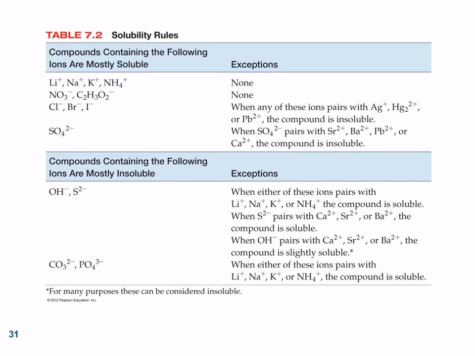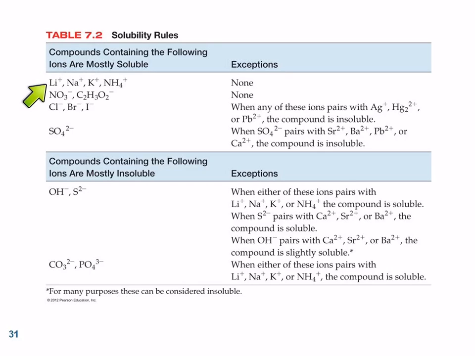I find that the table version works for more people, so I'm going to ignore the flowchart one. But I will give you this table on an exam. I make the 1A students memorize this, but the 3A students, I just want you to learn how to use this table. So in the top part of the table, these are compounds that are mostly soluble.